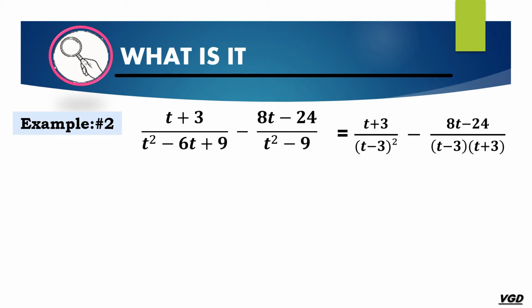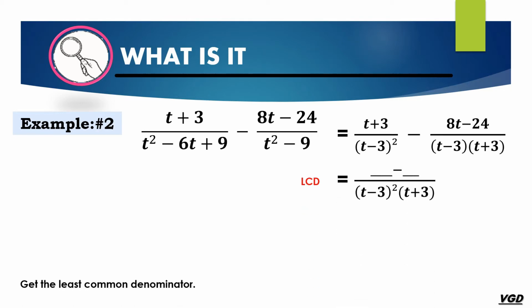The LCD is the quantity of t minus 3 squared times the quantity of t plus 3. Since t minus 3 is common, then as part of the rule in getting the LCD, get the factor which has the highest exponent. That's why we got the quantity of t minus 3 squared and just copy t plus 3.